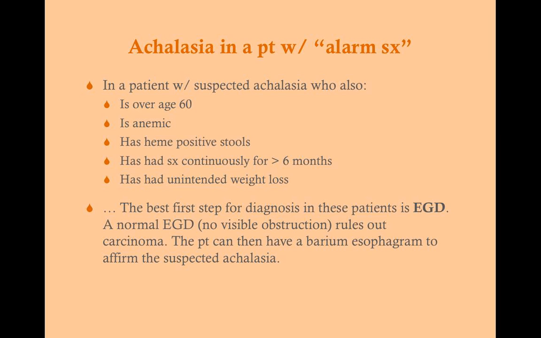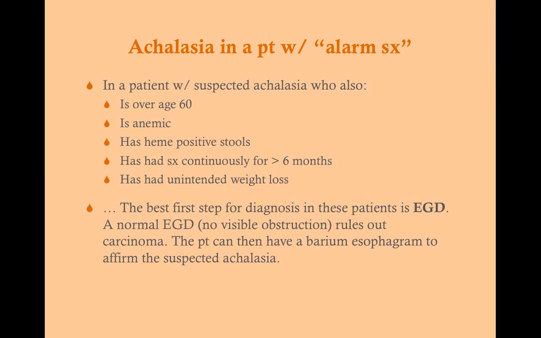Because esophageal carcinoma is so likely in these patients, we actually want to just skip right to EGD and get that done first. And so we're going to get an EGD in patients with presumptive achalasia or dysphagic-like symptoms, in patients with alarm symptoms. So we get the EGD there.